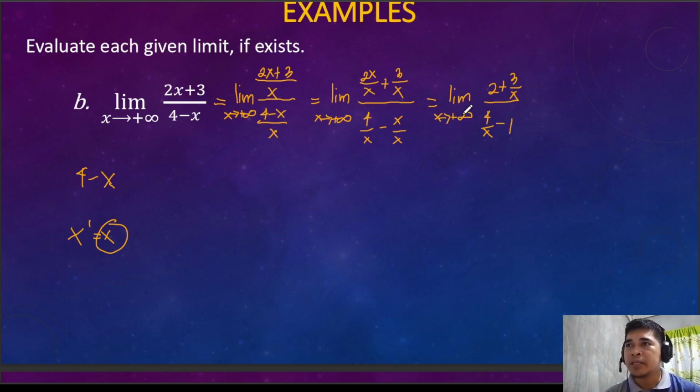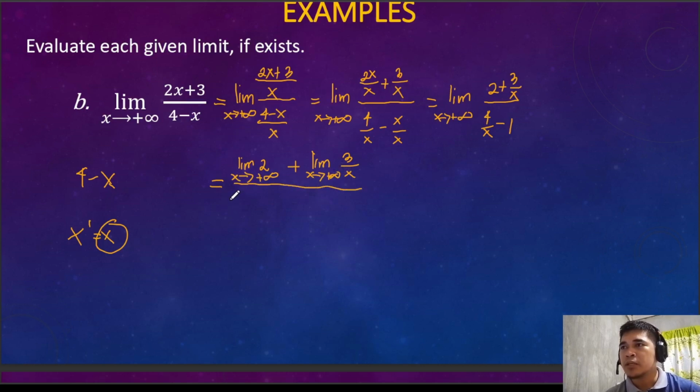So here we can now apply the theorem about limits. We have limit of 2 as x approaches positive infinity plus limit of 3 over x as x approaches positive infinity, over limit of 4 over x as x approaches positive infinity minus limit of 1 as x approaches positive infinity.